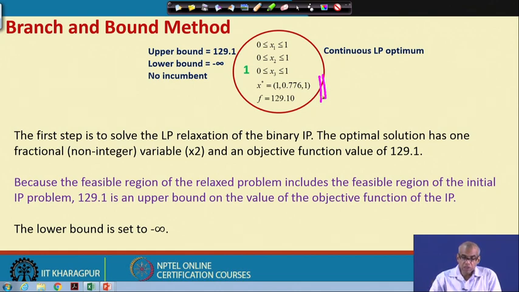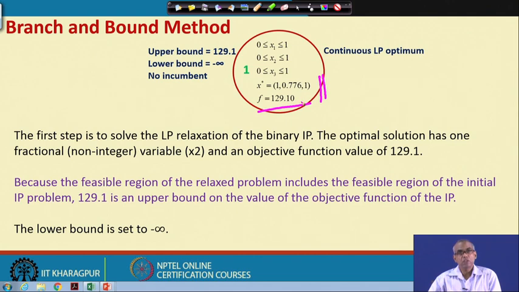Because the feasible region of the relaxed problem includes the feasible region of the initial integer programming problem, the optimal solution 129.10 is an upper bound on the value of the objective function of the original integer programming problem.